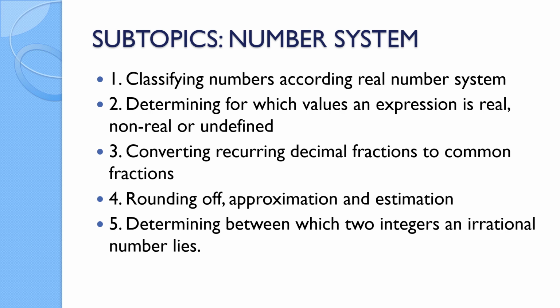We can also test whether you can determine whether an expression is real, non-real or undefined. Converting recurring decimals to common fractions, that's a very common question we like to ask. Rounding off, approximation, estimation, or determining between which two integers an irrational number lies. So those are the basic topics that we test in a cycle exam.